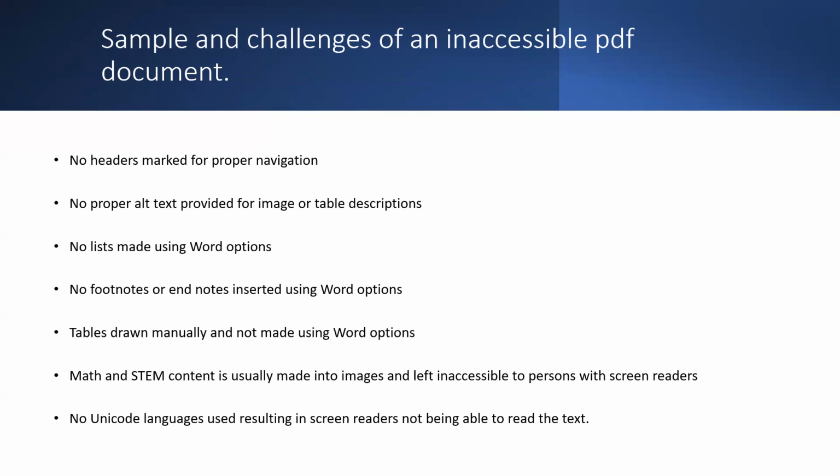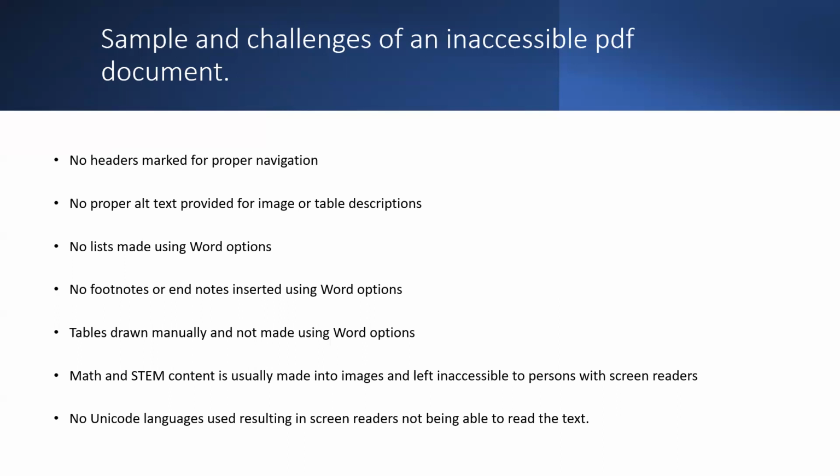Then coming to the very important point of math in STEM. In 99% of the books, in the PDF copies that you find online, if there is STEM content involved, the STEM will not be read out with the screen reader. It will either read something that is not exactly what is given, like a fraction.